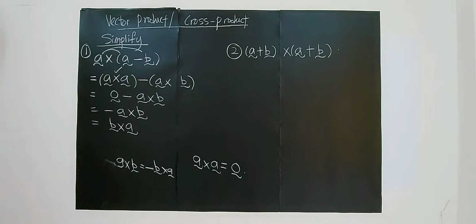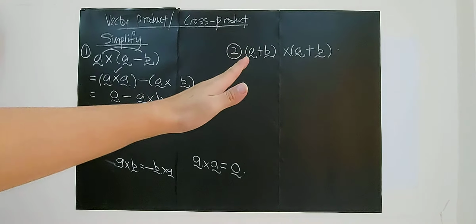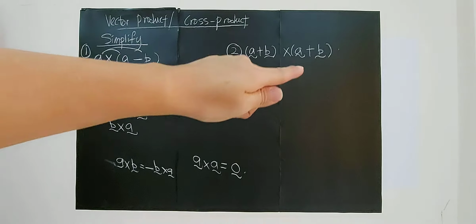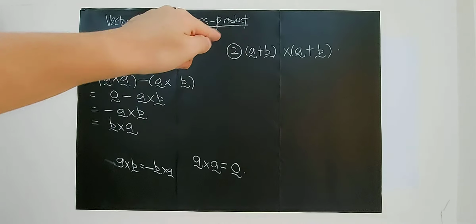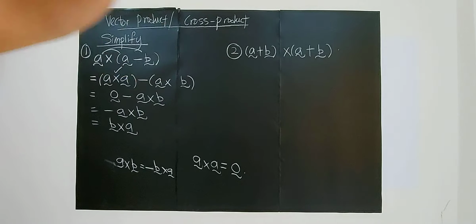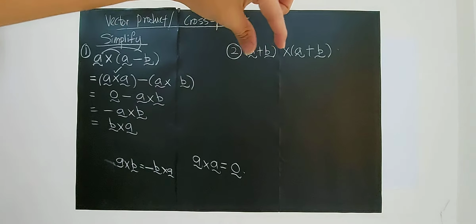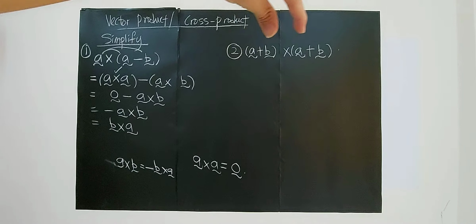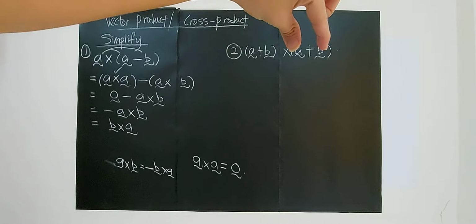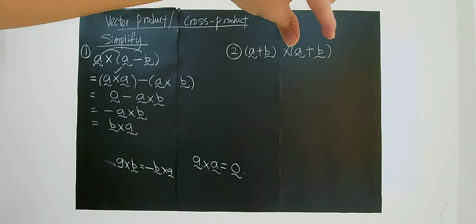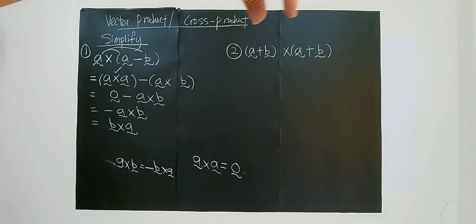Okay, let's look at this. Usually students would be expanding, using the distributive law. It's okay, but a smart student will know this is actually a cross product between two identical vectors, right? A plus B is a vector, and A plus B is also a vector, and these two vectors are parallel.